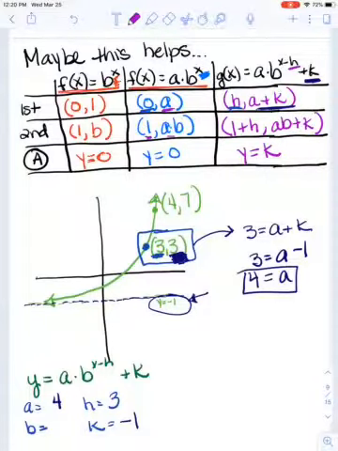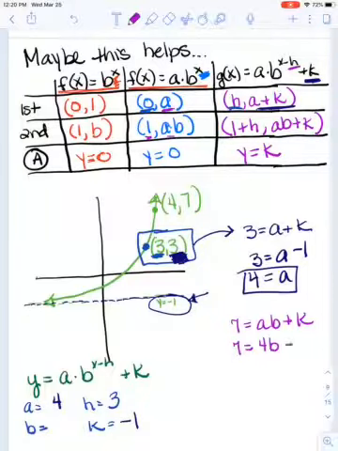You can look at this second reference point here, which is 7, and say 7 equals a times b plus k. So 7 equals 4 times b minus 1, and you can solve that.